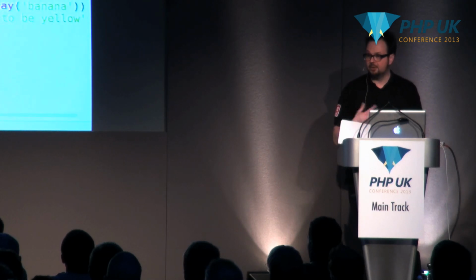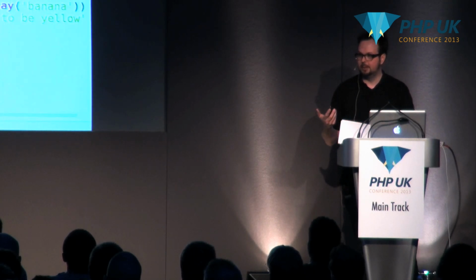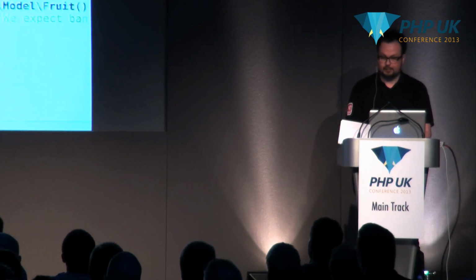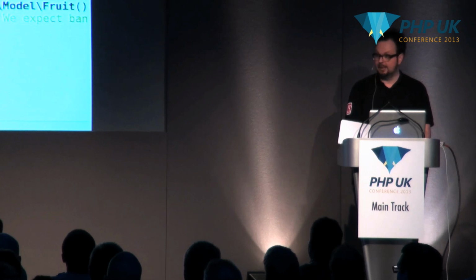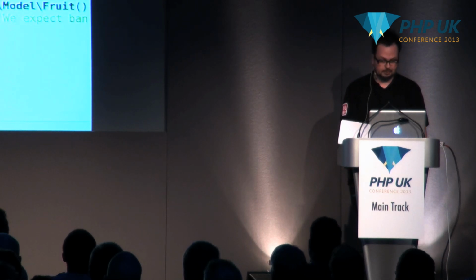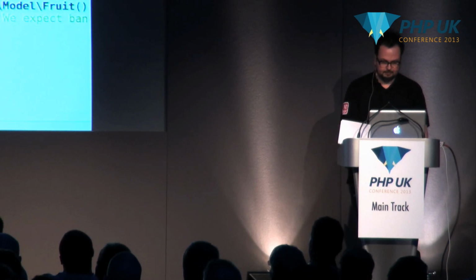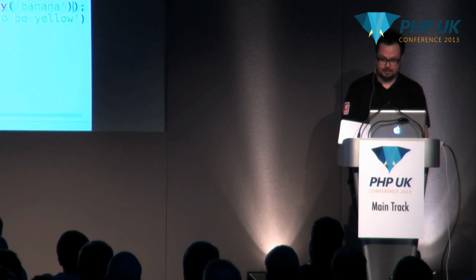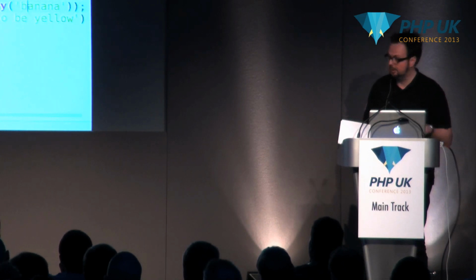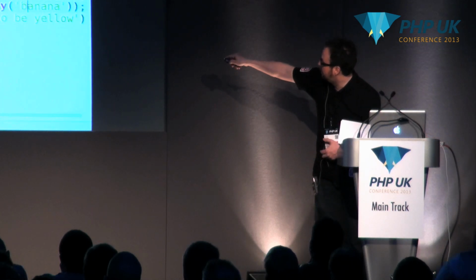You can use the reflection logic of PHP to get a reflection method object. You can say set accessible is true. Then get the color by calling the method. So in this case, I'm calling the method get fruit color, and I'm passing it a variable banana.